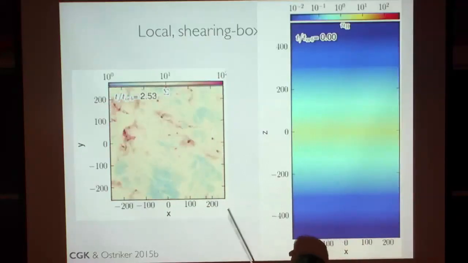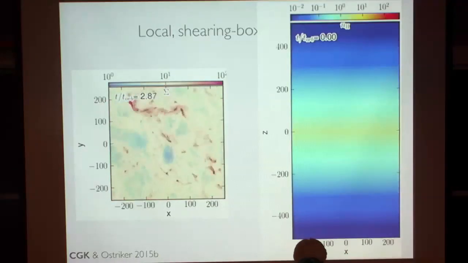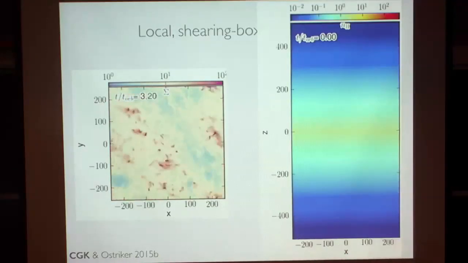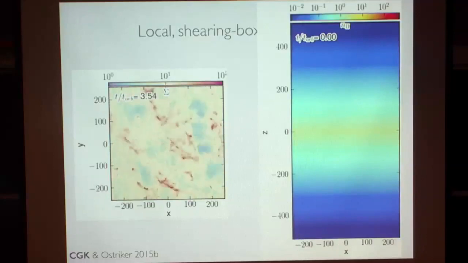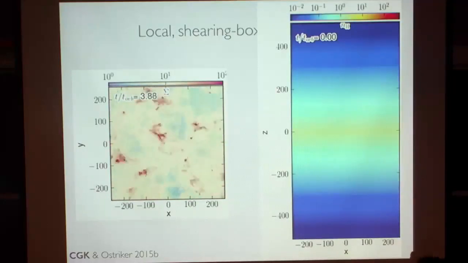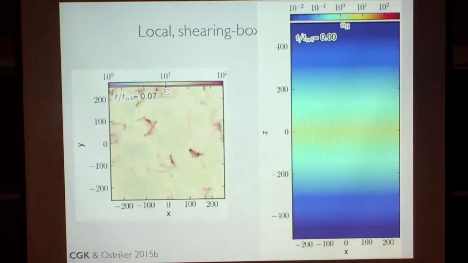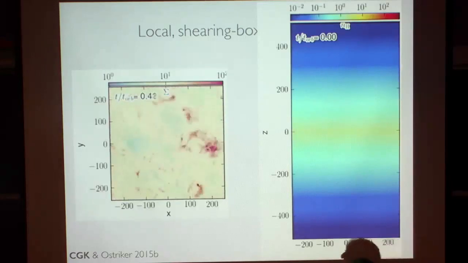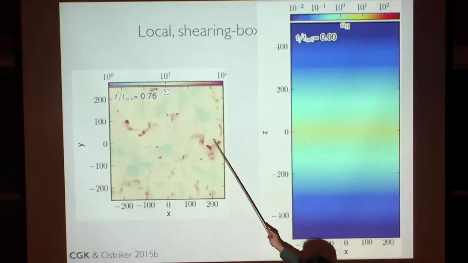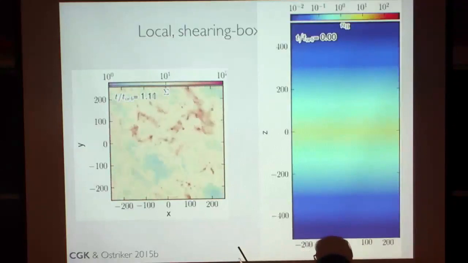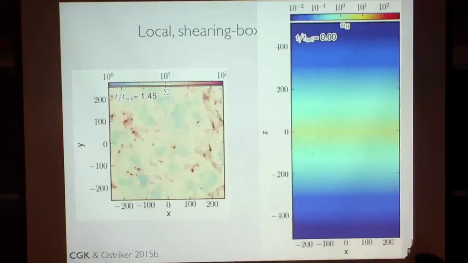Since we include this cooling and heating, that will produce cold neutral medium and warm medium. And also we include gravity, so those cold medium will grow their density, and it will form distinct denser regions that will eventually explode as supernovae.